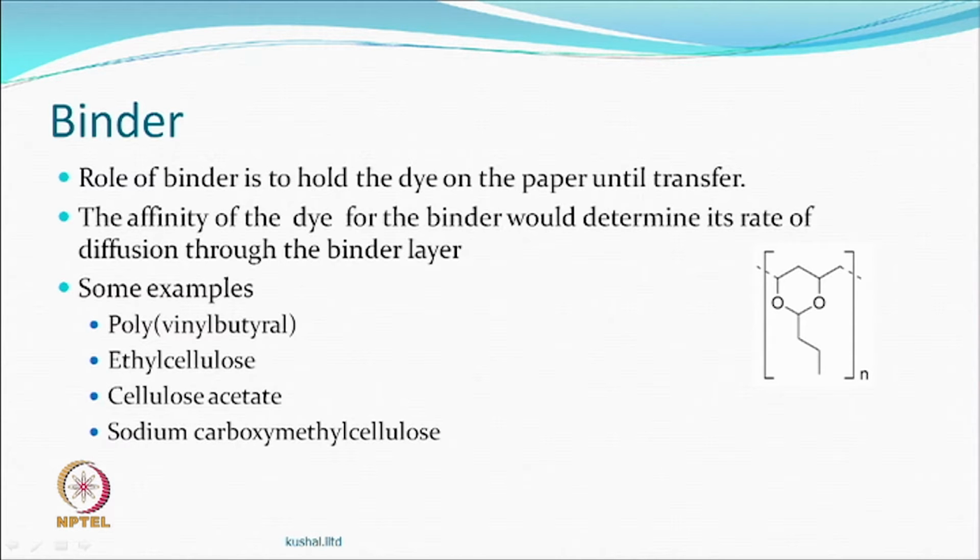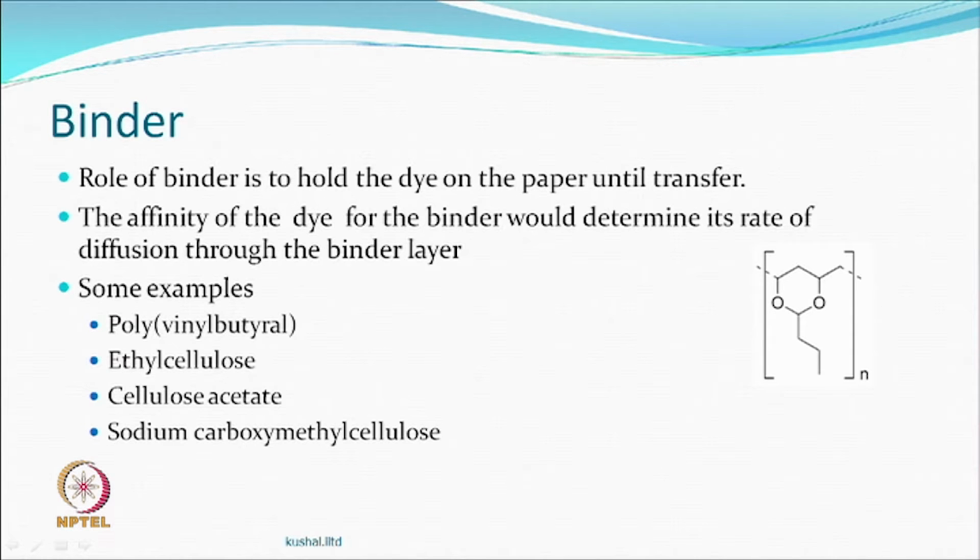So, the binder also has some role to play, and the role obviously is that till the dye is transferred, it should hold the dye on the paper in the design in the specified area.